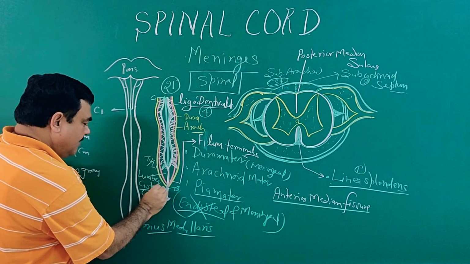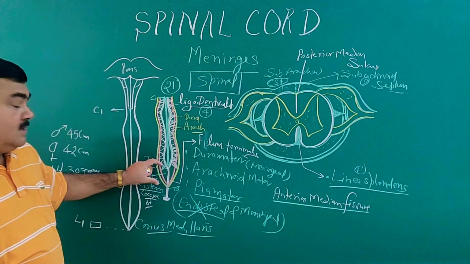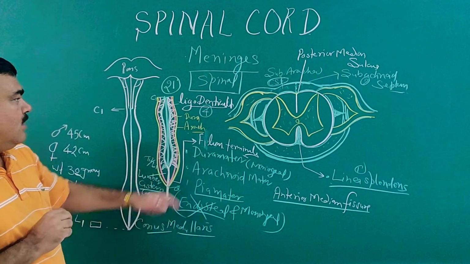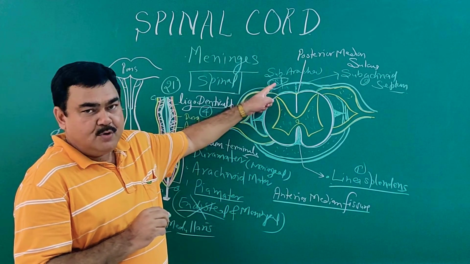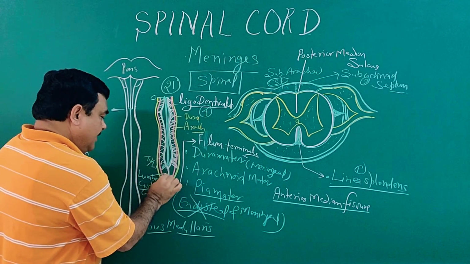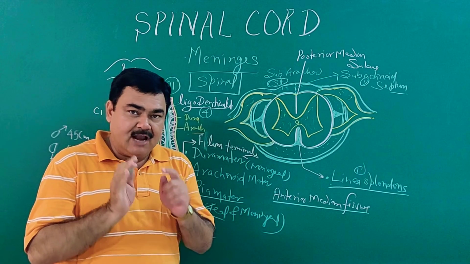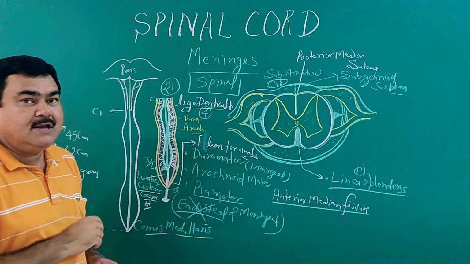Lumbar cistern, C-I-S-T-E-R-N. Lumbar puncture for taking out the cerebrospinal fluid is done here, between the L3 and L4 vertebra.